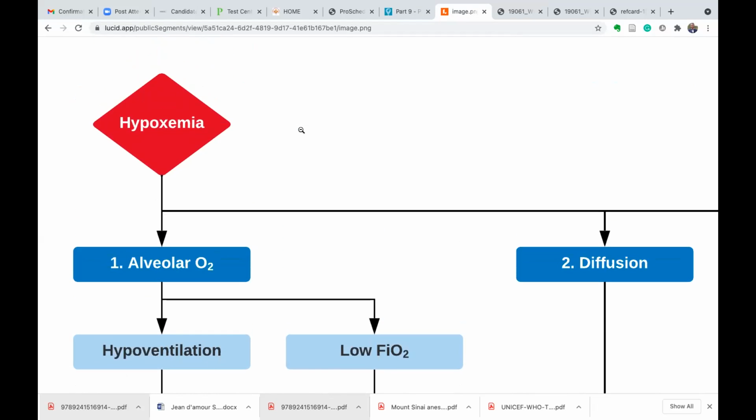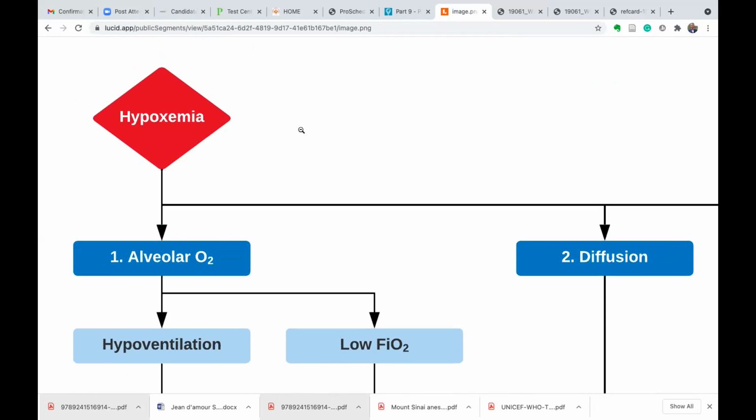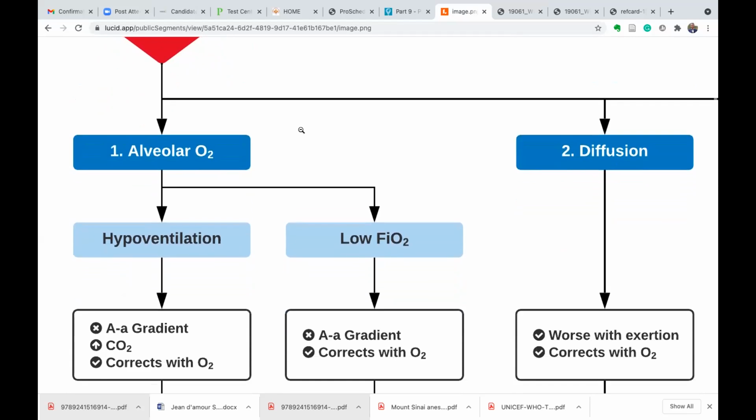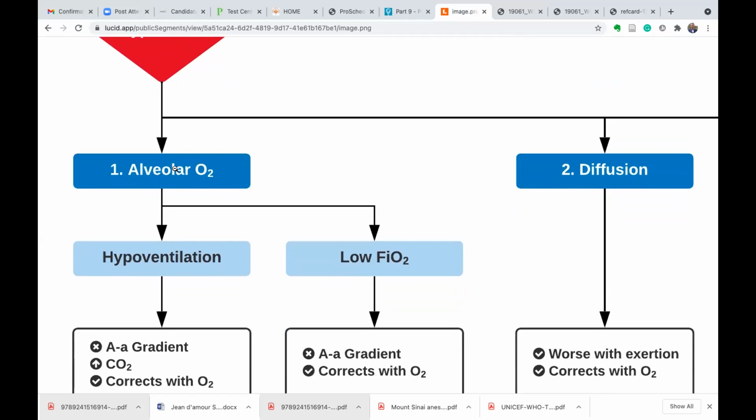Yeah, let's take a look at this figure. As you can see, there are multiple reasons which may lead to hypoxemia. Now we're talking about low oxygen in the alveoli. You can have 2 reasons: either hypoventilation, meaning someone is not removing the CO2, or you are giving a low FiO2.